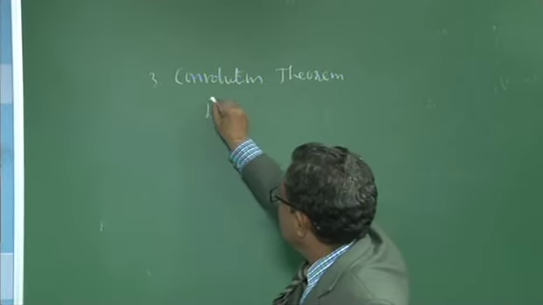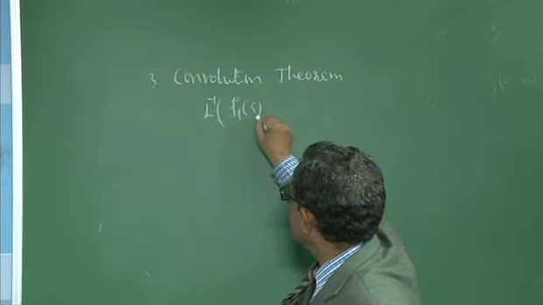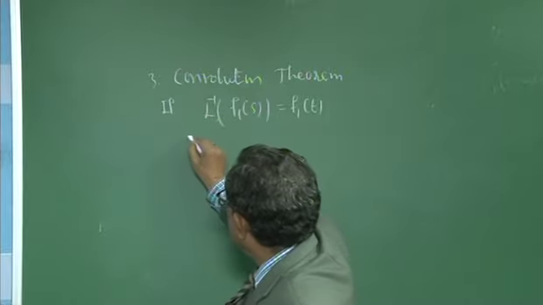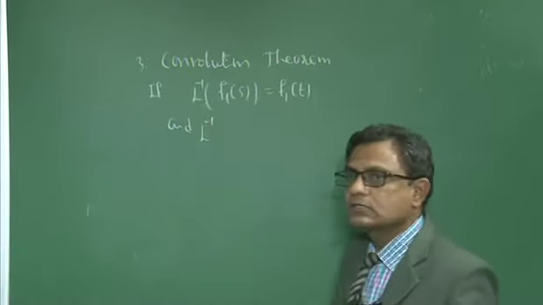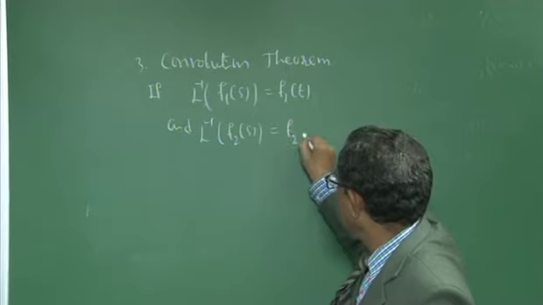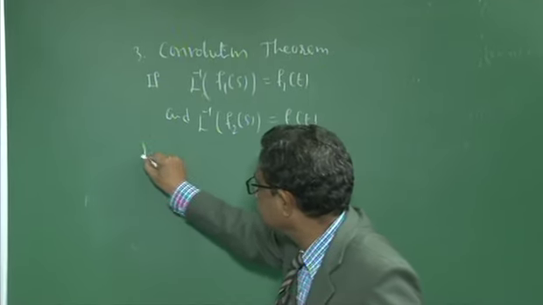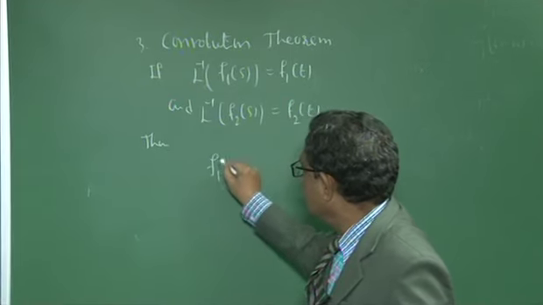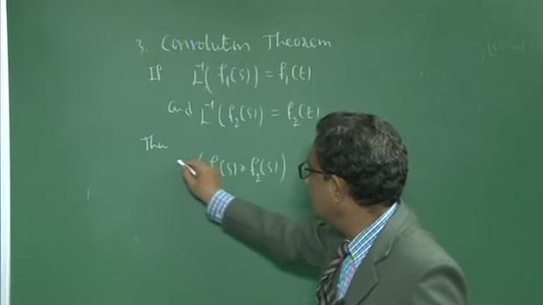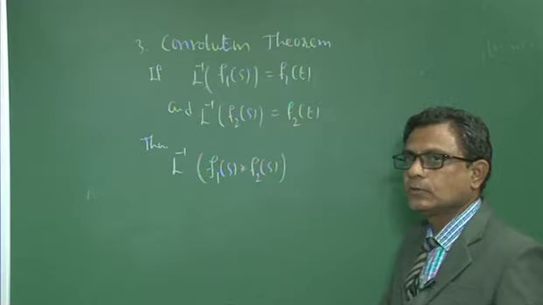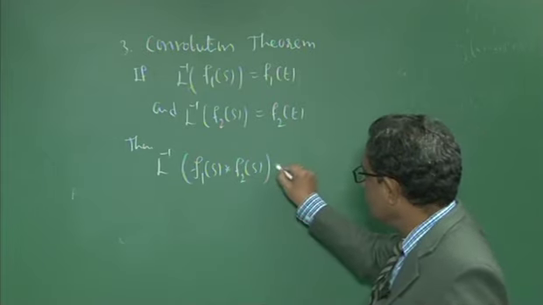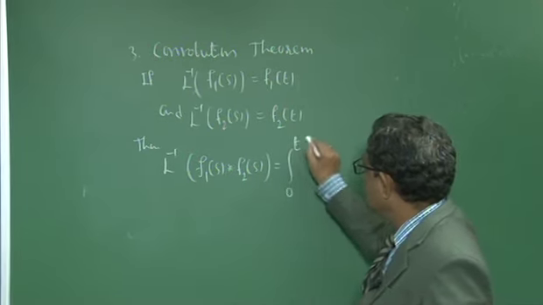If you consider the first function, L inverse of F1(s) is F1(t), and the second function, L inverse of F2(s) as F2(t), then for the product F1(s) into F2(s), if you take its inverse Laplace transform, it is the integration from 0 to t.